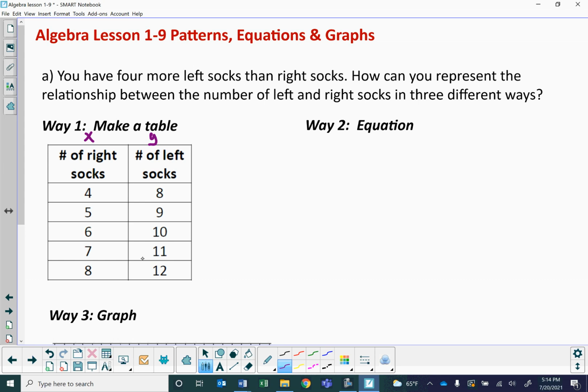Way number 2, I can do an equation. Well, we already know if we let X equal number of right socks, we always want to define our variables. You'll find that out really soon when we get into the next chapter. Let Y equal number of left socks.